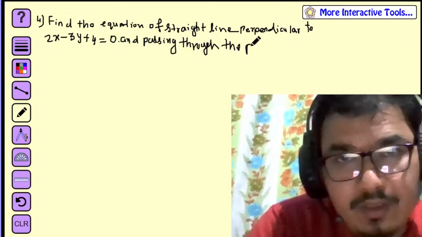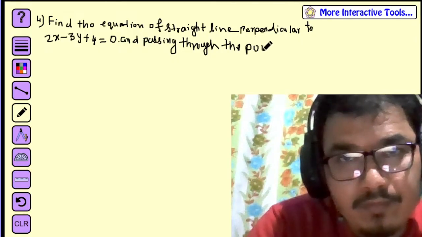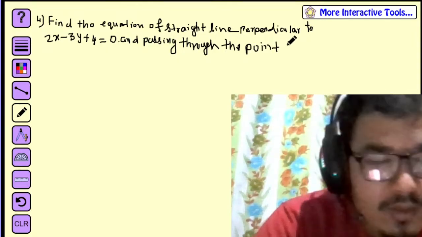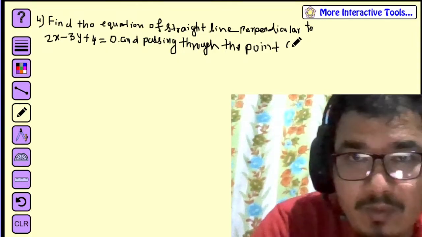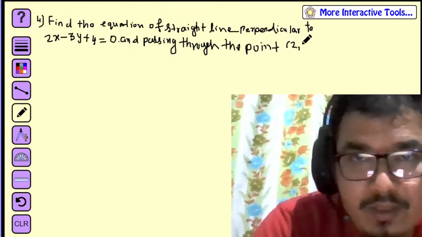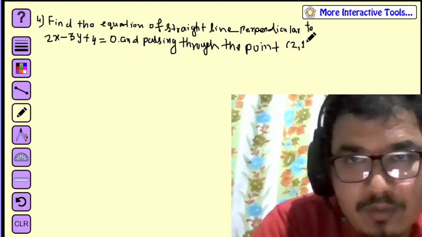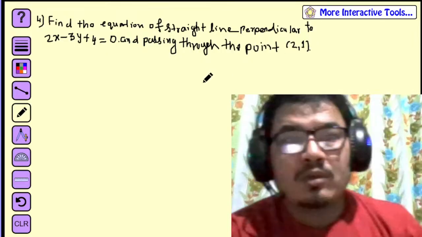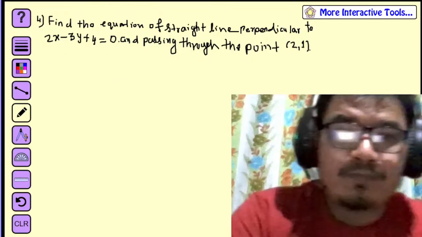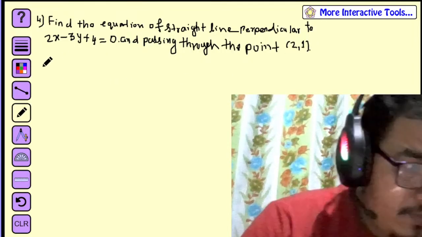The point is given there, 2 comma 1, right? Like this question also. This is from coordinate geometry.